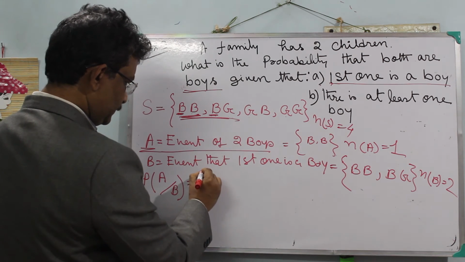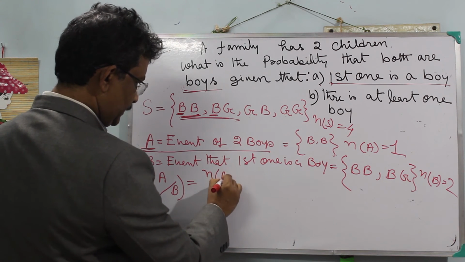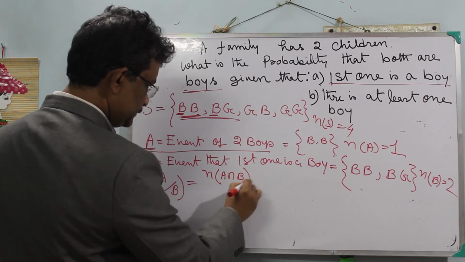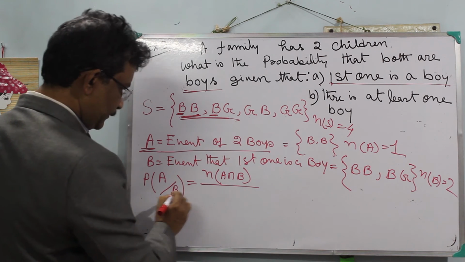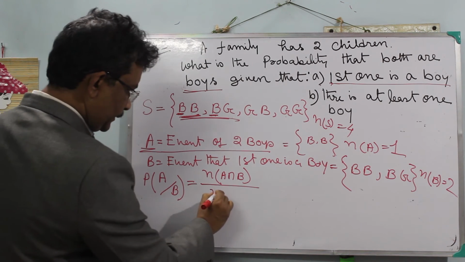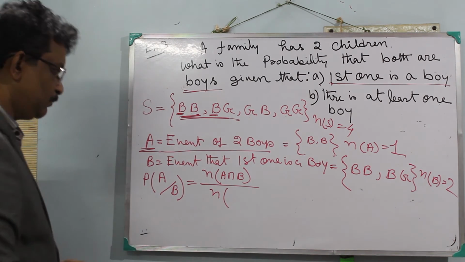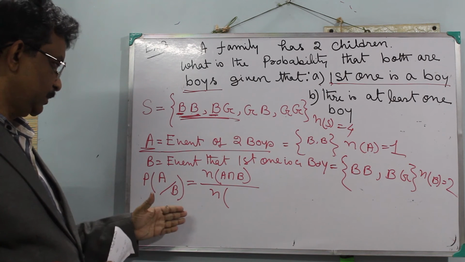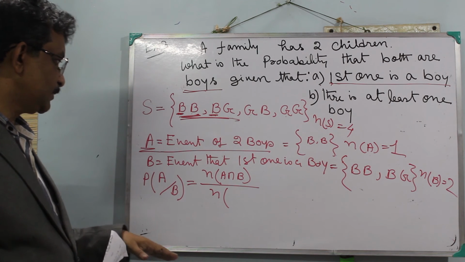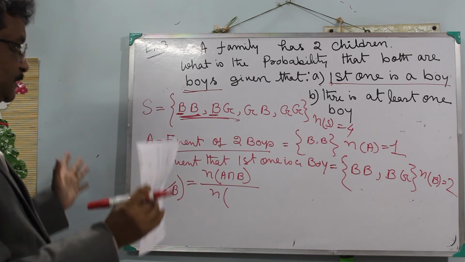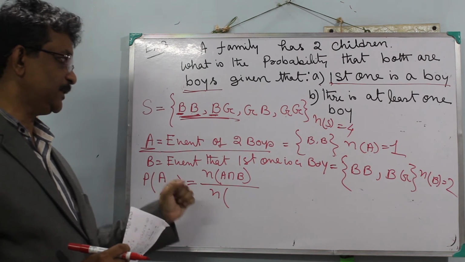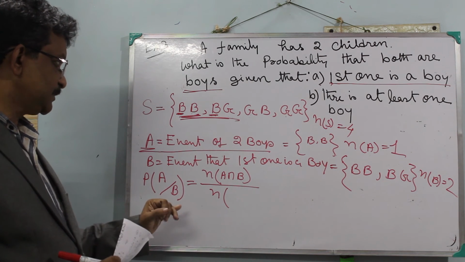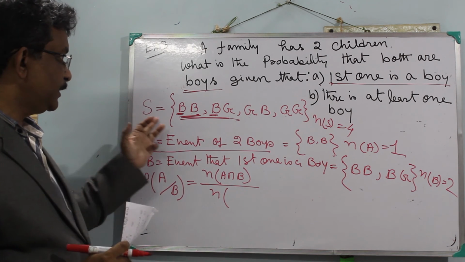So the intersection of A and B, given the set, the number of elements of B. The set would be the event which has occurred and its number of elements, not the entire sample space. I am repeating again and again: the sample space is reduced, not the entire 4.